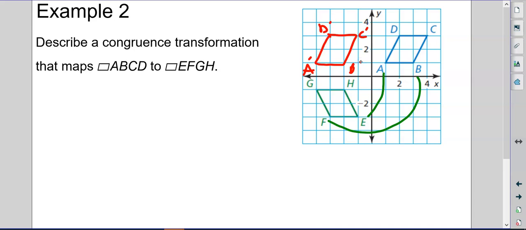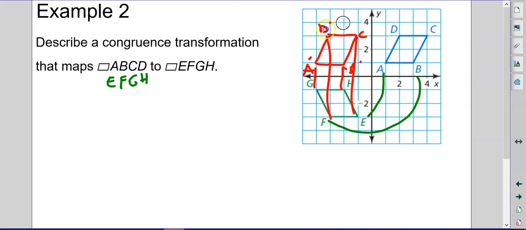Now, if I folded that over, yes, A would match up with G, B with H, B with F, and C with E. That would match up. So that would fold over onto that. But look at the letters. I'm supposed to have A match up with E, B with F, C with G, and D with H. Do I have that? No, I do not. So that does not work.